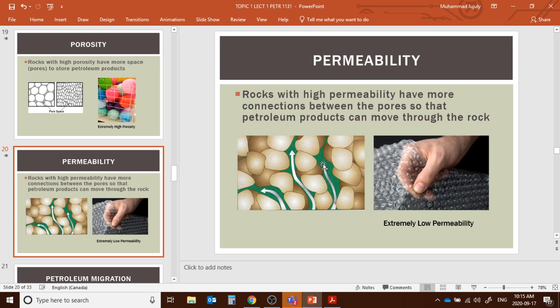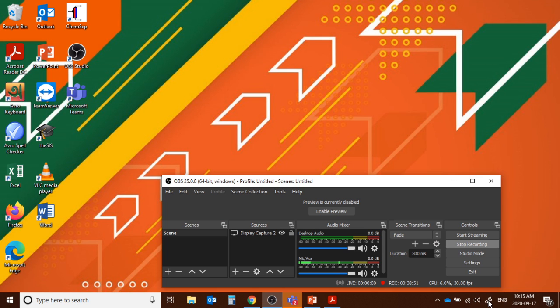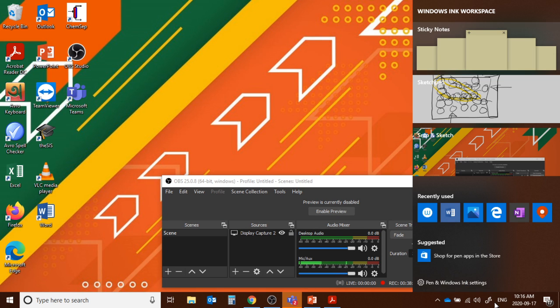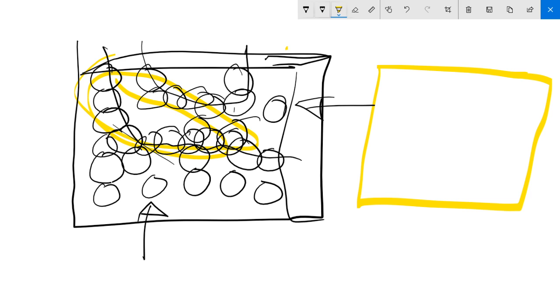Now, is there any example we can have of low porosity and high permeability? We can. For instance, it could look something like this, and the channels could look like that.